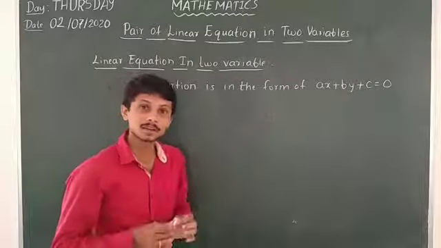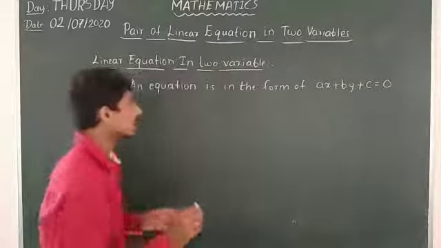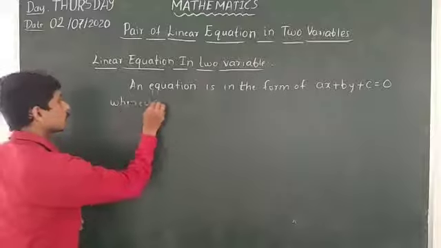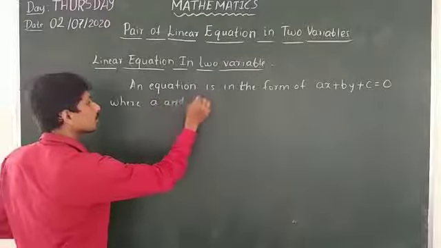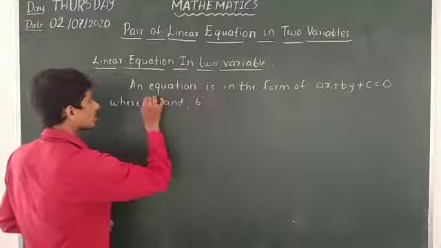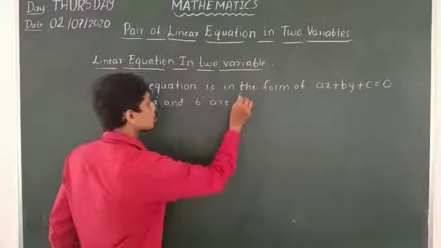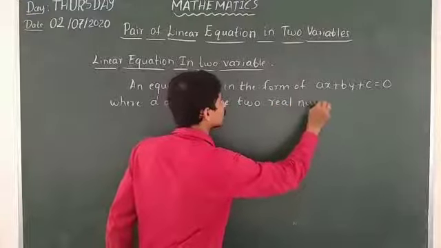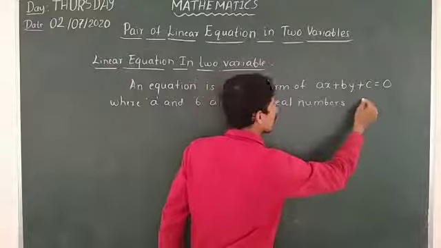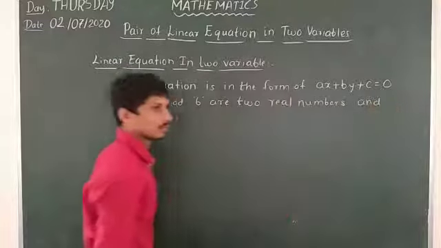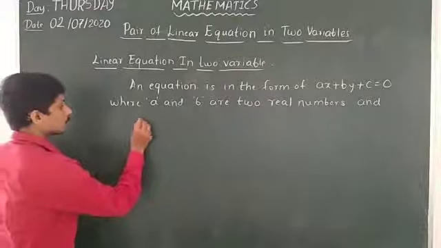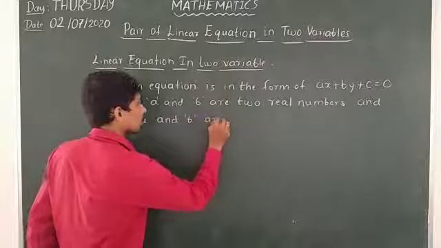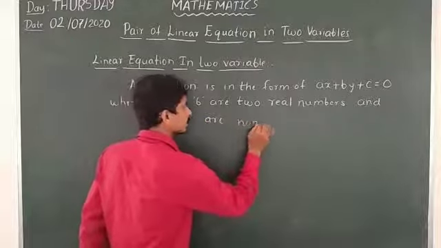After that we have some conditions: a and b are two real numbers, and a and b are non-zero numbers.